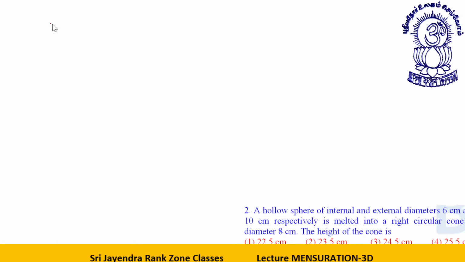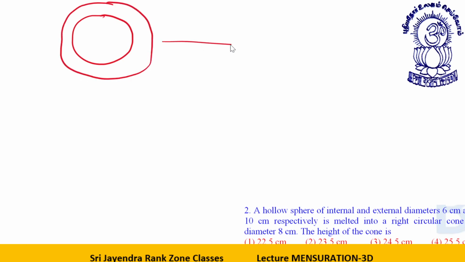A hollow sphere of internal and external diameters 6 centimeter and 10 centimeter respectively is melted into a right circular cone of diameter 8. The height of the cone is? See, dear students, let's talk about the hollow sphere. This hollow sphere is converted into a cone.